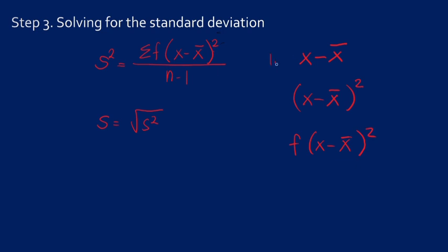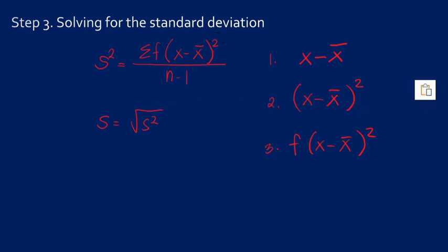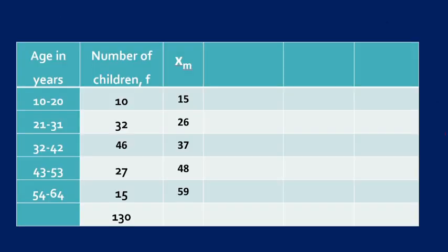So we have first, second, and third before we can solve for our variance or our standard deviation. Using our example, we have here our table. We need to write the column for our deviations from the mean, x sub m minus bar x.